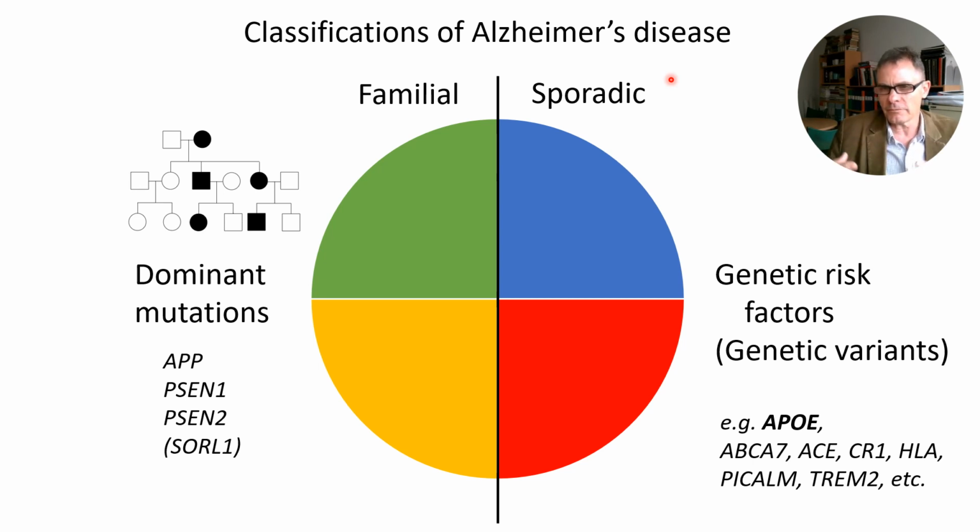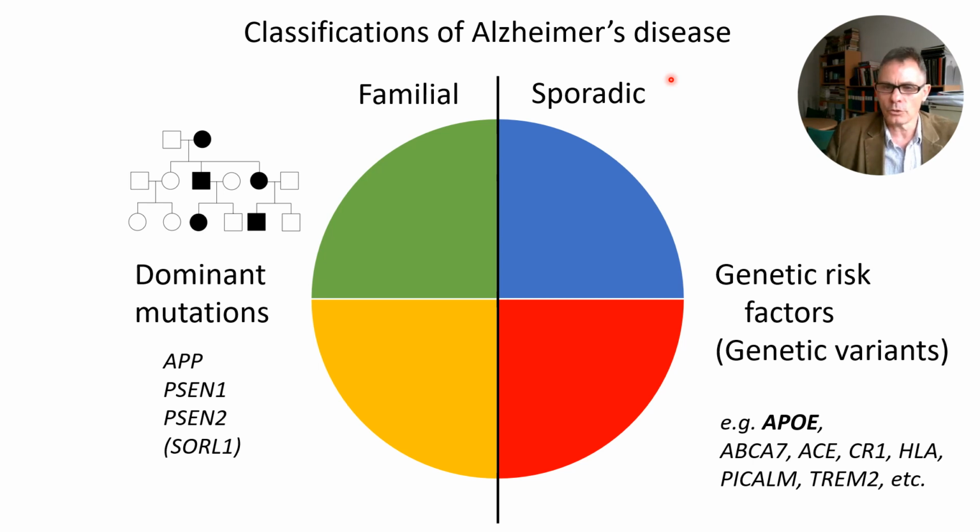Now, you can think of these variants as changes in genes that change the likelihood or not that you'll develop the disease, but no one of these variants will with certainty cause you to develop the disease.